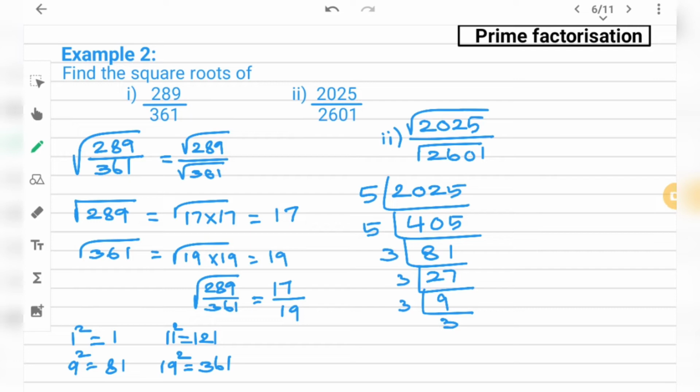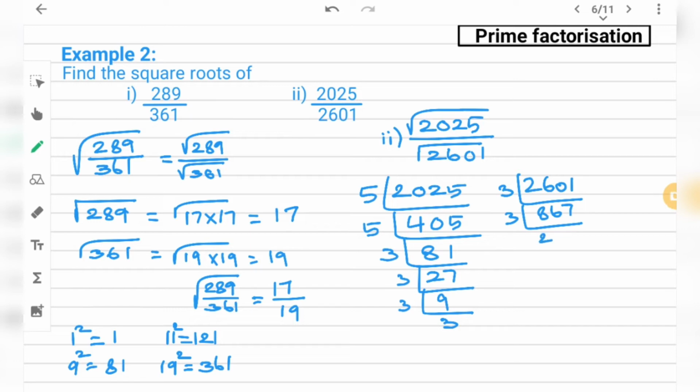Okay. And now I am going to do this for 2601. So what is the number I can use? 3. Right? You will get 867. Shall I use the 3 table again? What will you get? 2 times balance 1.